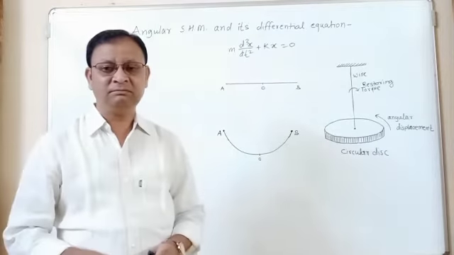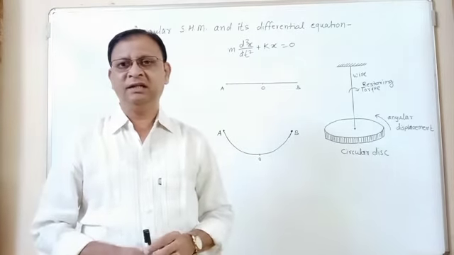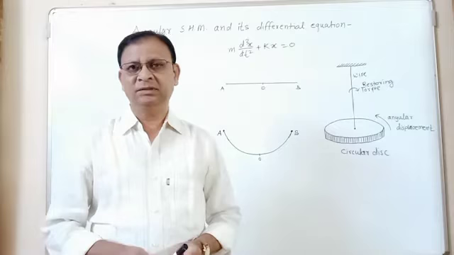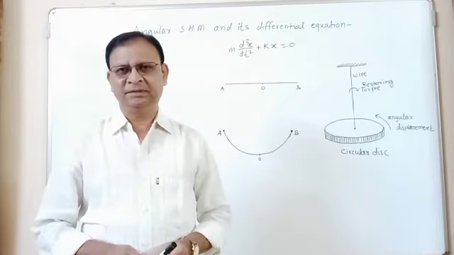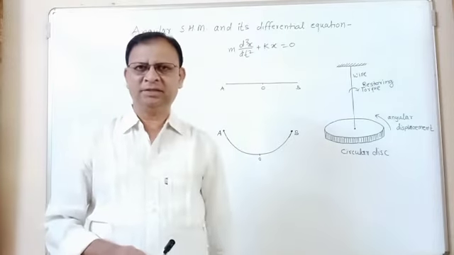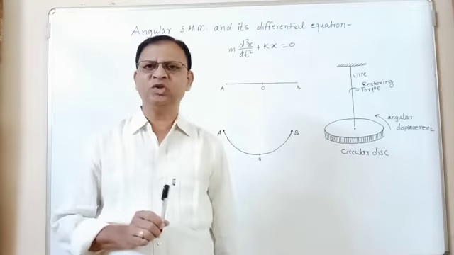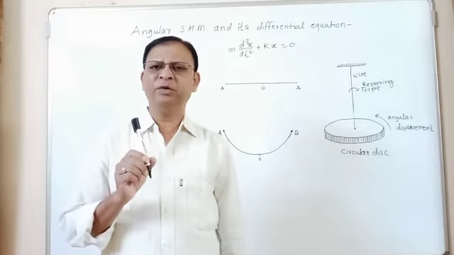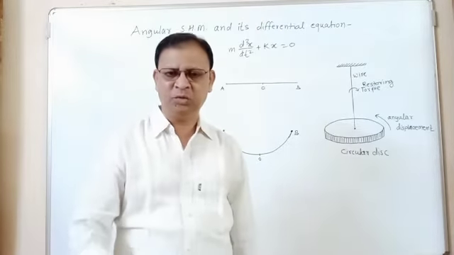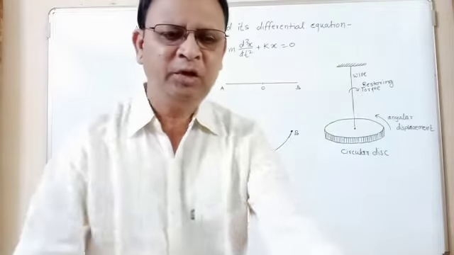One more example: we have seen linear simple harmonic motion, that is the motion of a pendulum, and we put one condition on that. If the amplitude of oscillation is very small, then the bob of the simple pendulum performs linear simple harmonic motion. I think you remember it.